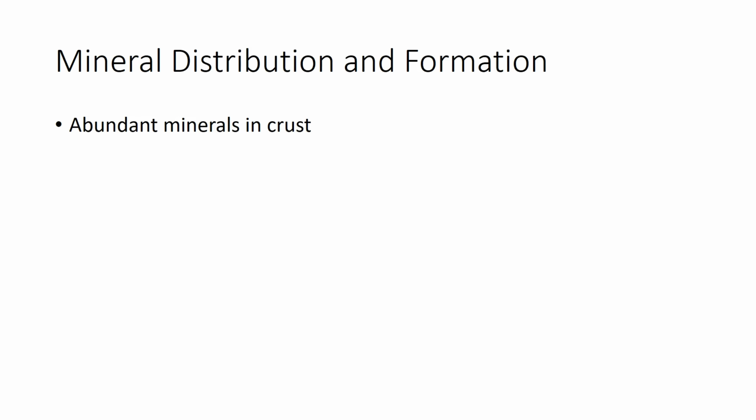So what are some of our more abundant minerals? Things that we can rely on and use widely. Silicon dioxide, which is the raw material for making glass. There's a lot of talk about recycling glass and not trying to use so many raw materials.